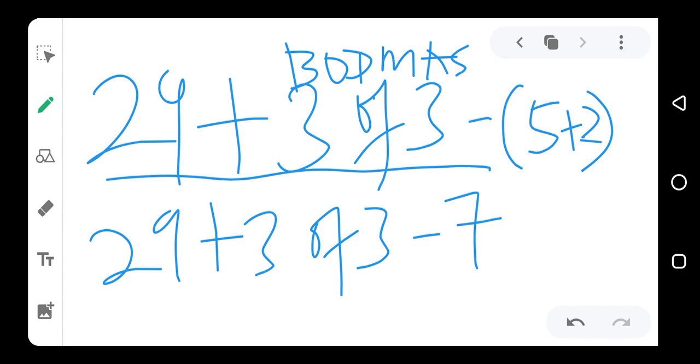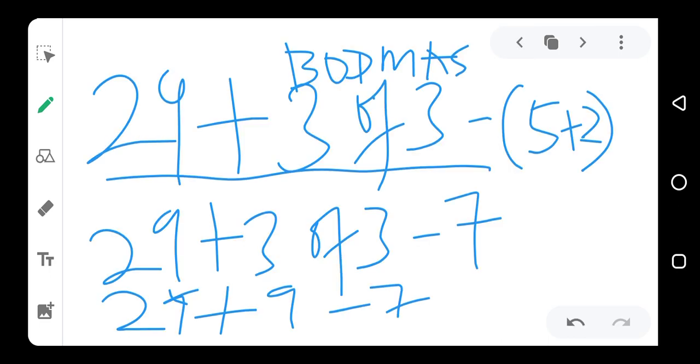If you see brackets, anything that is outside brackets also means multiplication. So we are going to have 29 plus 3 times 3, which is 9. So 29 plus 9 and then minus 7.